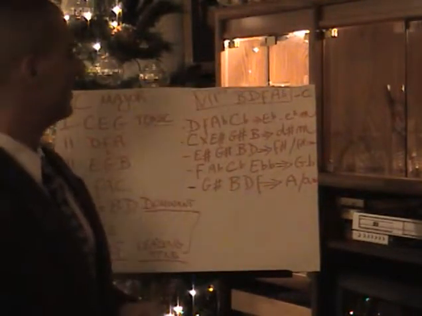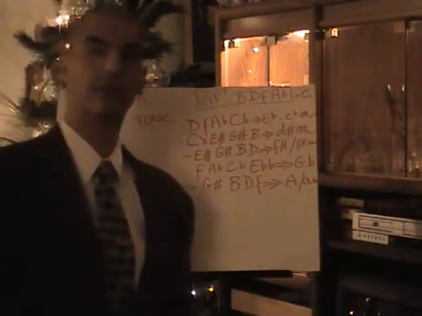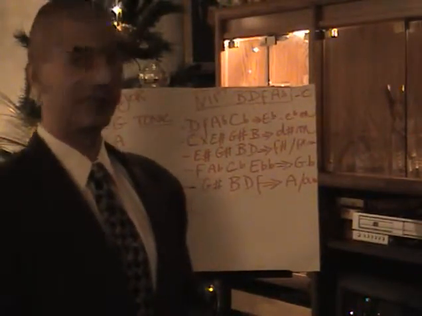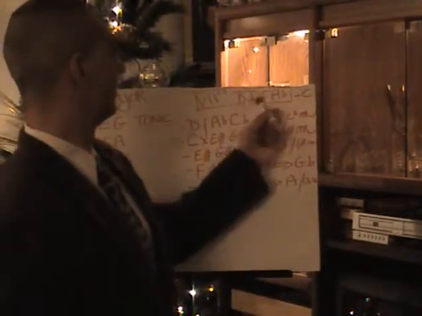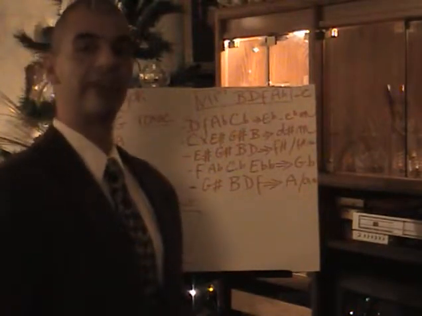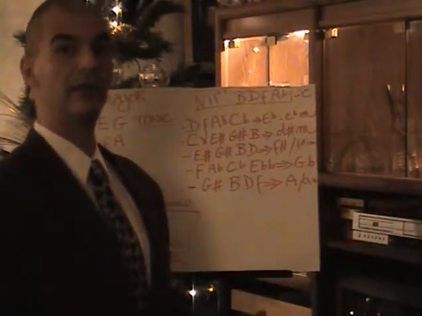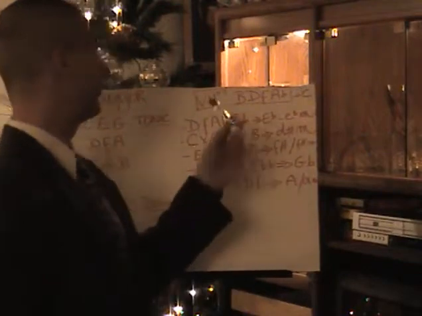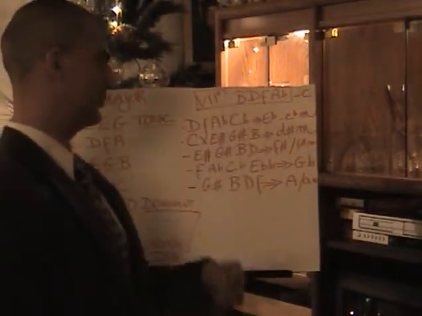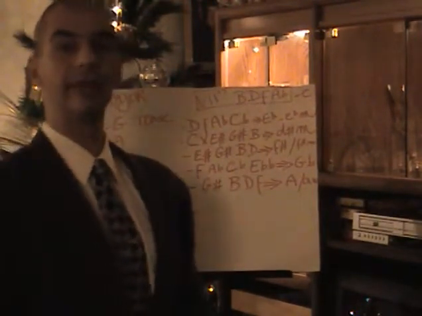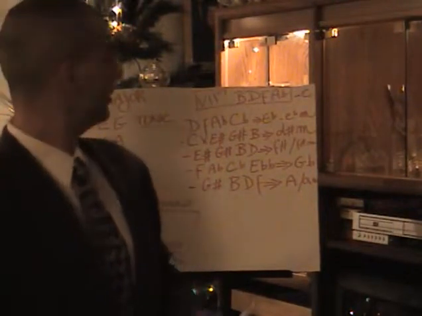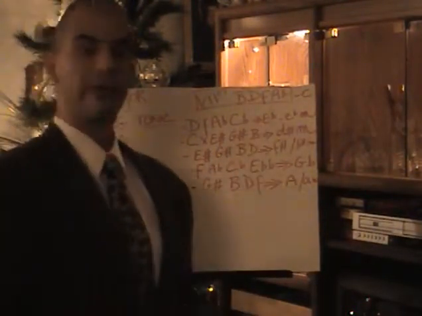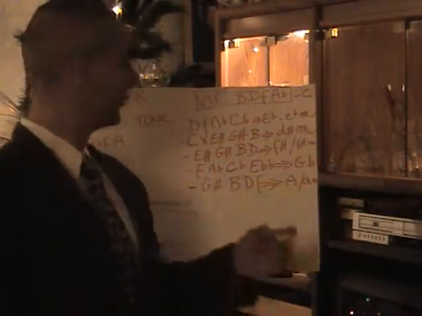And keep in mind that here we're only dealing with primary leading tones. B diminished 7th is a primary leading tone of the key of C, for example, moving to a primary leading tone of the key of E flat or E flat minor. These chords could also be secondary leading tones.